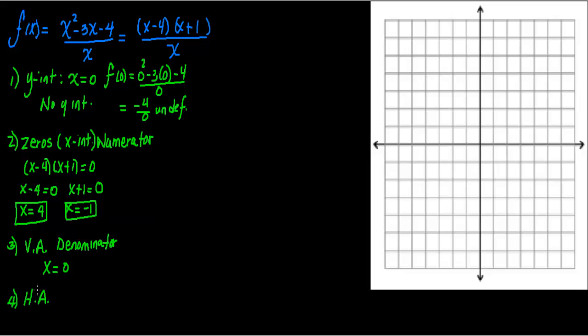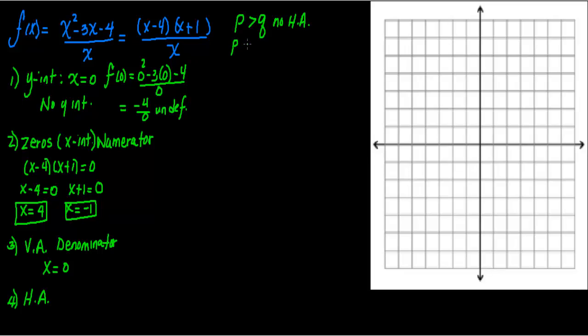And to find the horizontal asymptote, we need to look at the degree of the polynomial in the numerator and the degree of the polynomial in the denominator. So I'm going to call the degree of the numerator p, and the degree of the denominator q. If p is greater than q, then there is no horizontal asymptote.